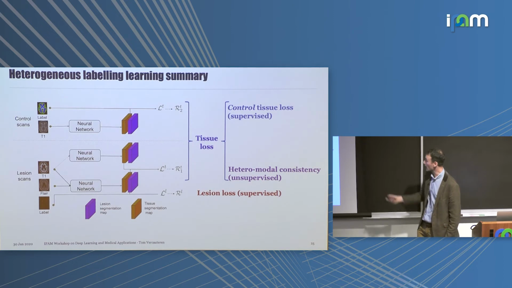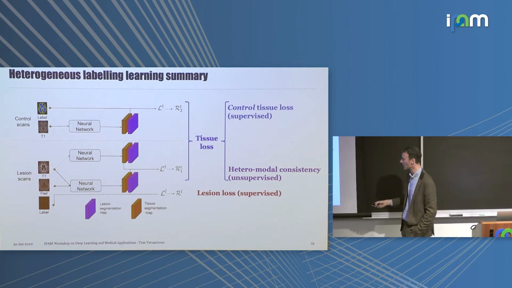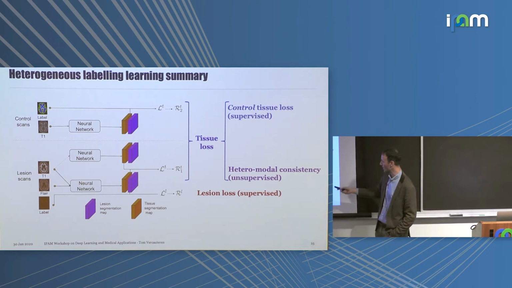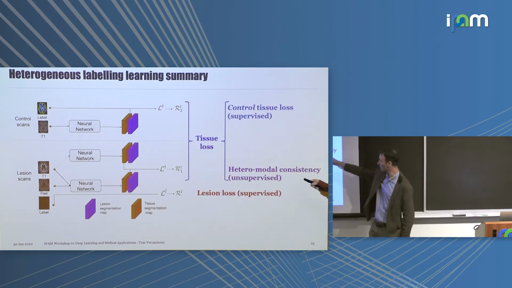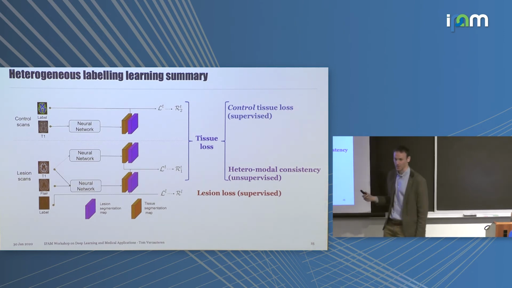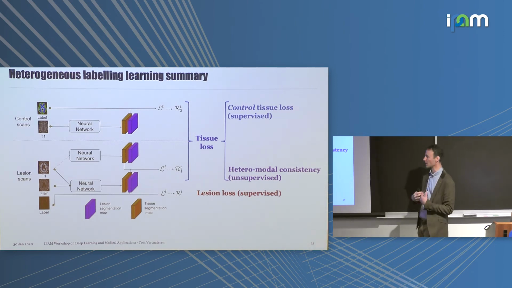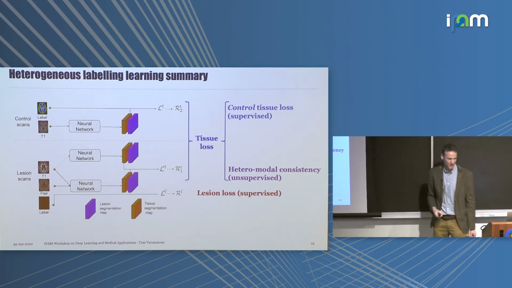On top, we have a standard supervised loss on the control group using the tissue annotations. On the bottom part, we have a standard supervised loss on the lesion group for the lesions. And to link the two together, we have this heteromodal consistency loss. So irrespective of whether we feed only the T1 or both the T1 and the FLAIR, we want the same sort of segmentation as output.